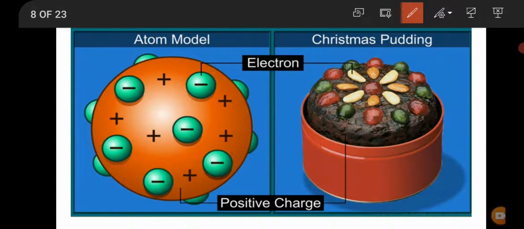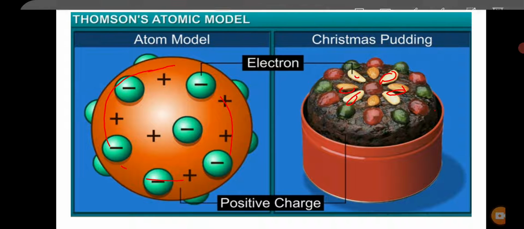Means the pudding carries a positive charge, and the raisins present on it are the negatively charged particles. He said that atom is a sphere of positively charged particles, and the electrons are embedded in it, just like the raisins are embedded inside the Christmas pudding.